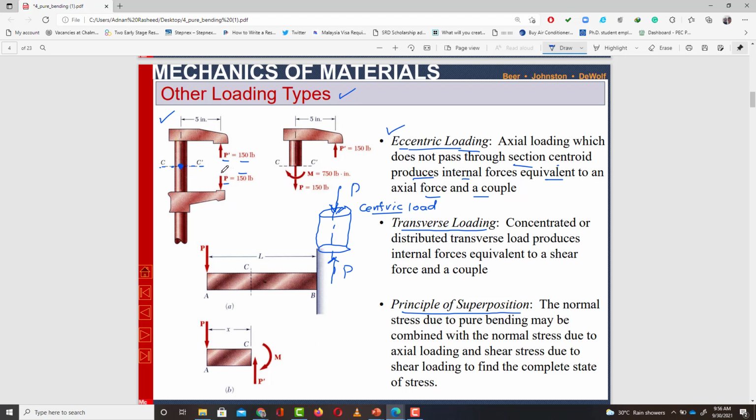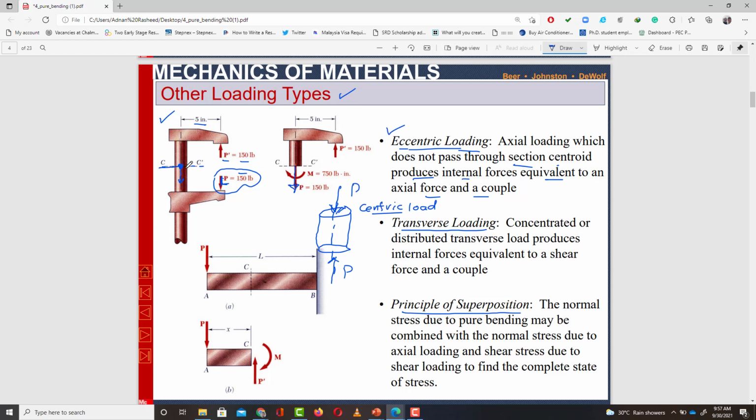If you want to move this force to pass through the centroid, you move it this much distance, 5 inch.